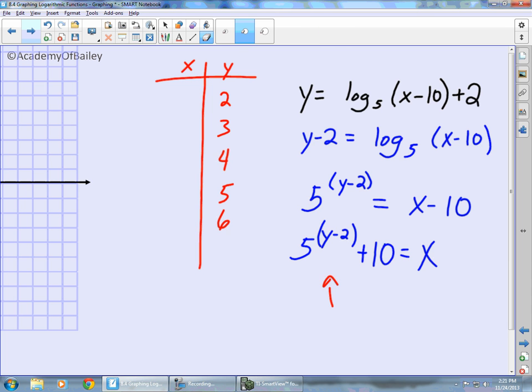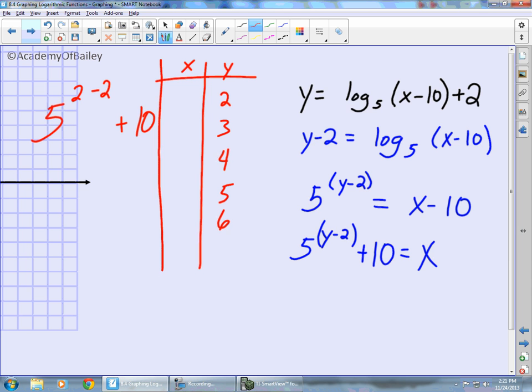Okie dokie, let's plug in our values. So we're going to have 5 raised to the 2 minus 2 power, and then we're going to add 10 to that. Okay, 2 minus 2 is 0. So that's 5 to the 0 power, which is 1, and 1 plus 10 is 11.